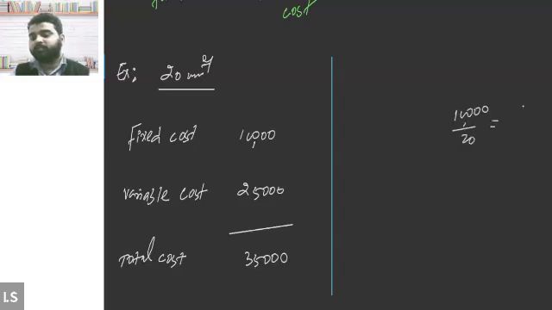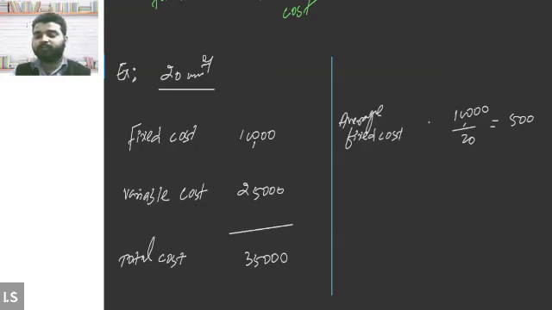So this simply means you have spent 500 rupees on each unit, right? This will be my fixed cost for 1 unit. The amount incurred as fixed cost for producing 1 unit of output will be called average fixed cost. This is our average fixed cost.